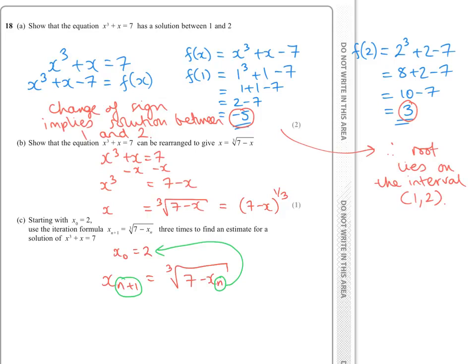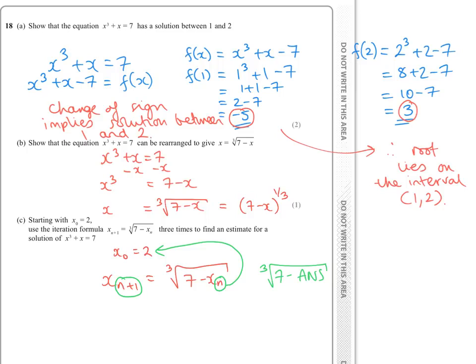You can put it straight into the formula every time and keep restarting the whole formula, or you can put in the value of 2 with a starting position of ANS, and then do the cube root of 7 minus ANS, and keep pressing the equals button, and it will automatically do it for you. But that depends on what calculator you have.